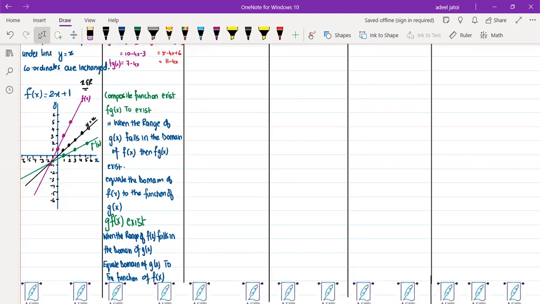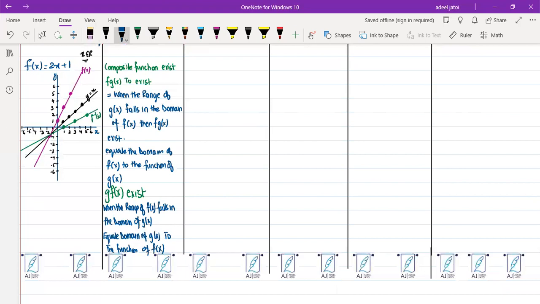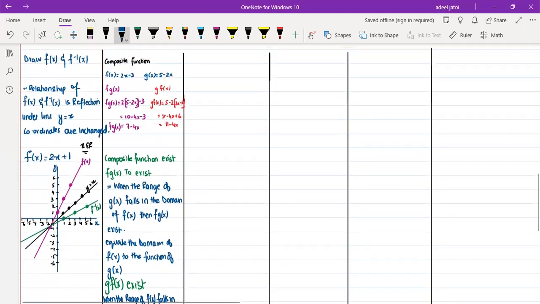We'll be doing more questions about this when we clear the past paper questions, but normally fg(x) only exists when the range of g(x) falls in the domain of f(x). In that way, equate the domain of f(x) to the function of g(x), and you will be getting the answer for that. Similarly, gf(x) exists when the range of f(x) falls in the domain of g(x). Similarly, equate the domain of g(x) to the function of f(x).